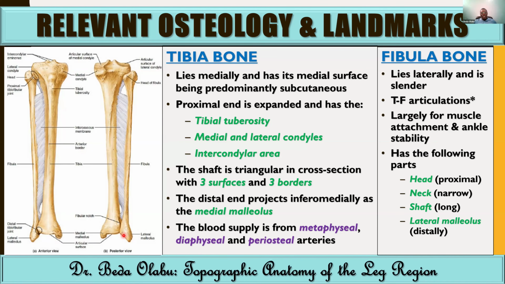Why? Because we are saying this depression, that fossa, is on the malleolus, which means on the distal part. And we're also saying it's on the medial aspect of the malleolus. So the fossa is on this side and not that side. So we can use that to orient the bone in its transverse axis, the medial-lateral axis. Then we're also saying that that fossa is more posterior than anterior.